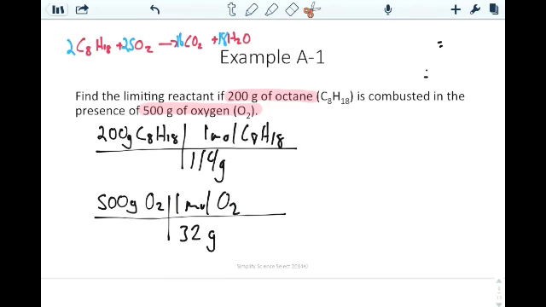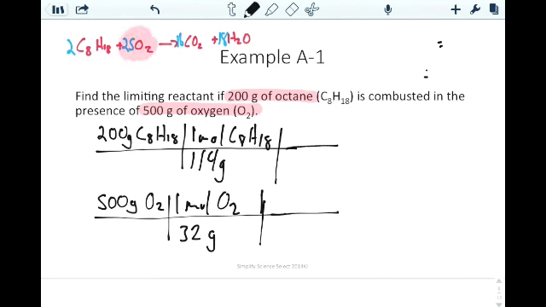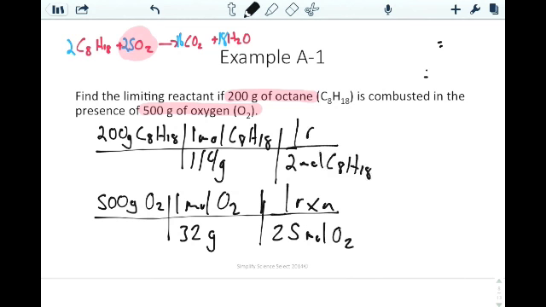Now we want to see what is used up, what we need from the reaction, to see what's limiting. So in the reaction, we see that we have 25 moles of oxygen. So 25 moles of O2 in one reaction. And in our octane, we only have 2 moles of C8H18 in one reaction.